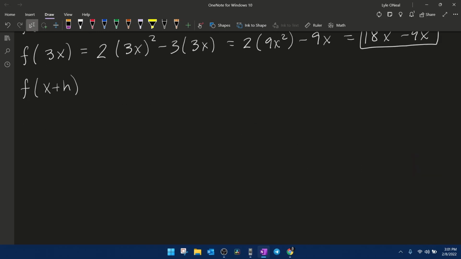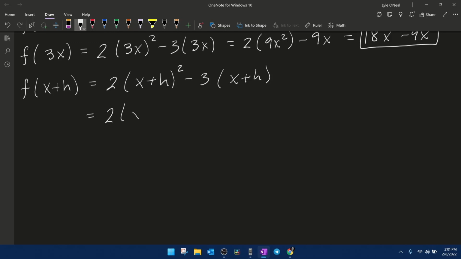And for the last piece of the puzzle, f of x plus h. This may be the most exciting piece we do here, where we're going to replace x with x plus h. Notice all of x plus h is squared, minus 3 times x plus h. And this is going to require several steps of simplification.